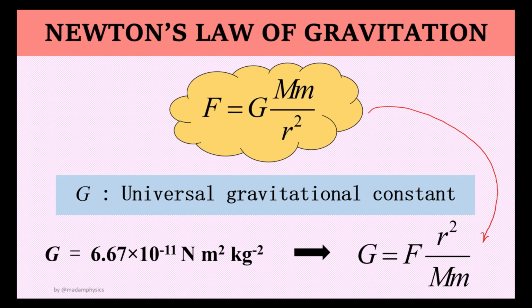By making G the subject, you can derive the unit of each quantity. For force, the unit is Newton, meter is for distance, squared, and kg is for mass, also squared. So you will now straight away know the SI unit for G.